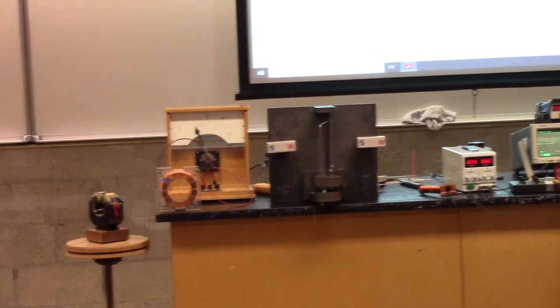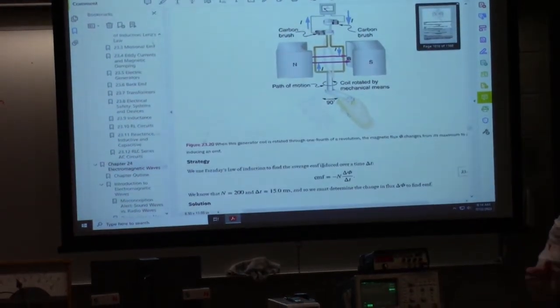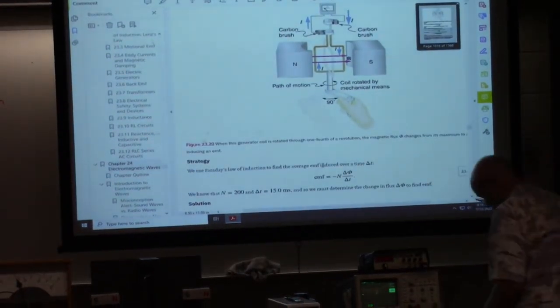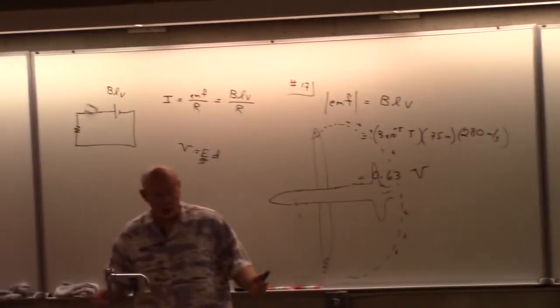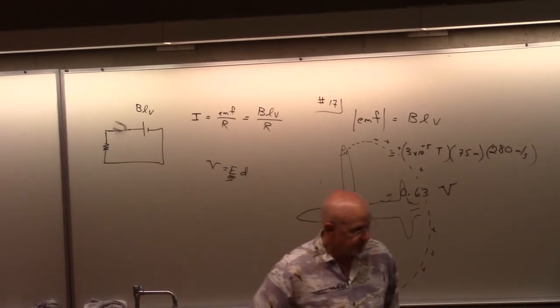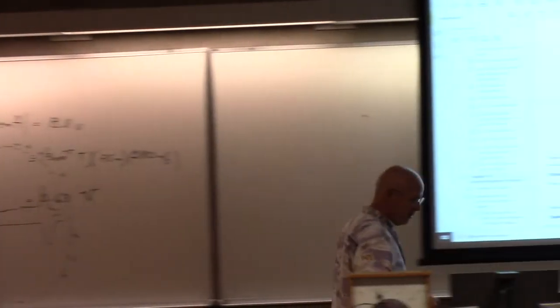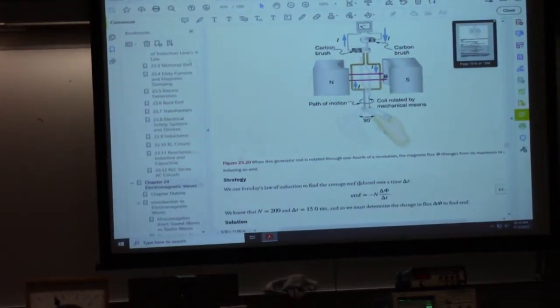And so your author says, all right, let's do the math on this one. Let's calculate what the EMF is on here. And so, all right, let's give this a little mathematical try here. All right, I'll go to blue.